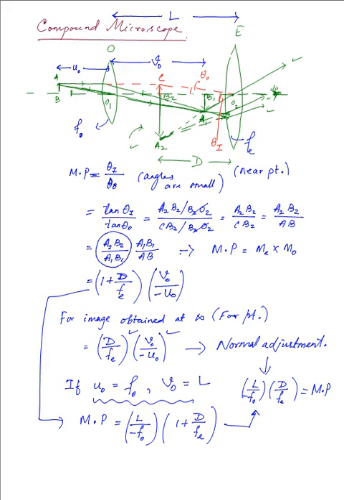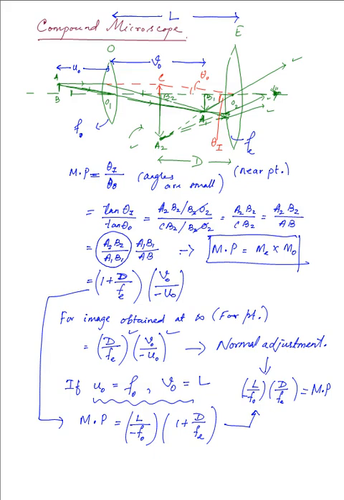As you can see, the overall magnifying power is the product of the magnifying powers of the respective lenses. So the more lenses used, the more the magnifying power is going to be. Usually at a basic level, we have two lenses employed in a compound microscope, and we can use more lenses.